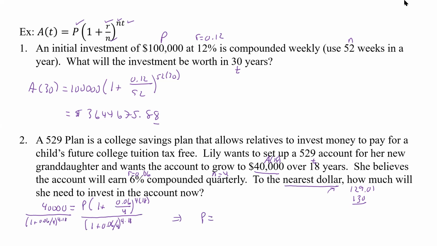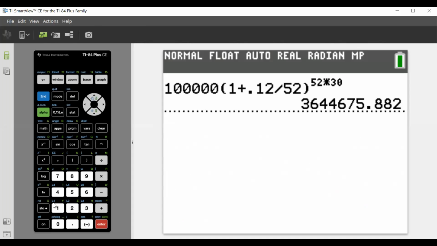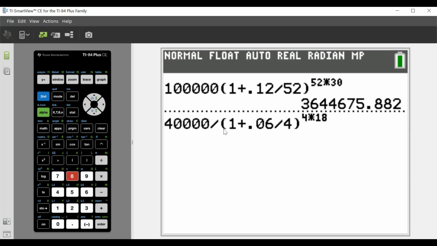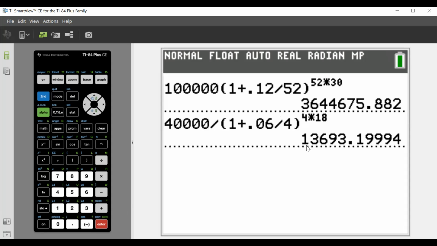And again, I'll show you how it should look, hopefully. So 40,000 divided by parenthesis, and we had 1 plus 0.06 divided by 4, and then that was raised to the 4 times 18. And this whole thing is divided by this whole thing. And so that says we should invest 13,693.19999.